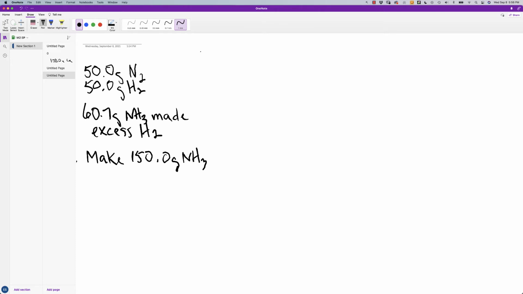Okay? So that tells us that we used 10.7 grams of hydrogen. Whoops, went off the top of the page, sorry. Let me rewrite that so it's on the page, you can see it.